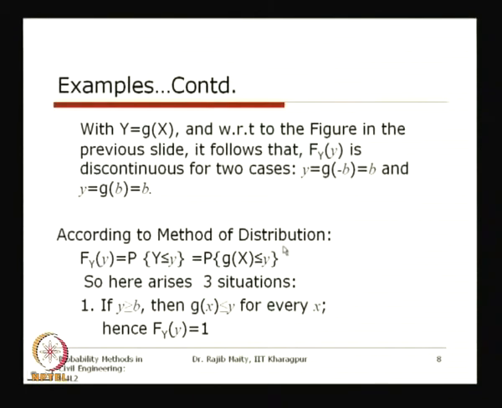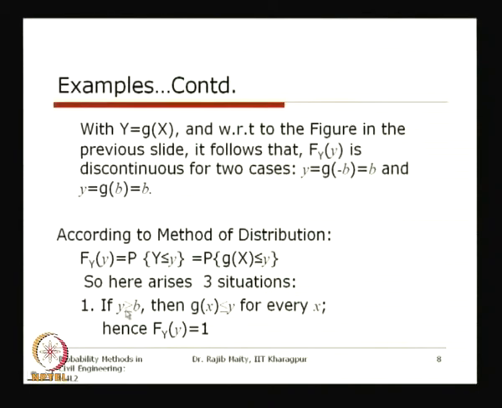According to the method of distribution, for a continuous random variable, F_y(y) equals the probability that Y is less than or equal to a specific value y, and this is replaced by its functional form, g(x) less than or equal to y. Keeping this as the basic equation, three situations can happen.